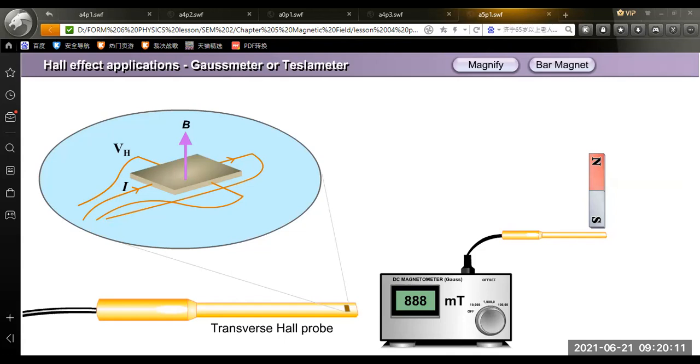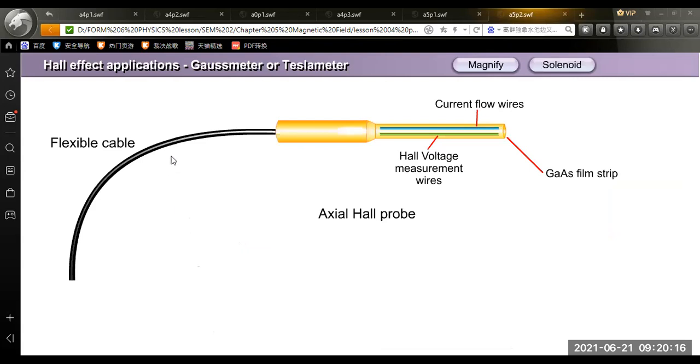So how do we use it? The flexible cable is connected to the meter, the computer. We have the plug, and the Hall voltage is measured by the wire. Here the flange will be the GaAs plate strip, also provided with current flowing in the wire.